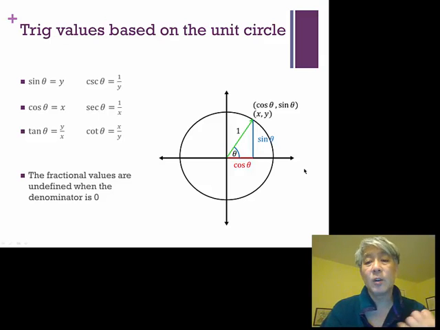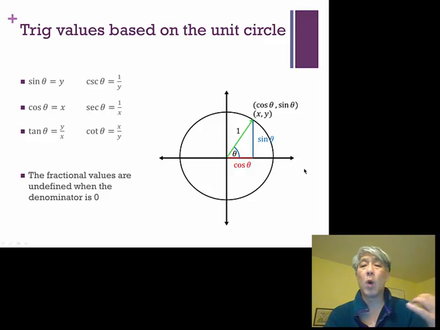So if I look at it in terms of x, y values, really, I just want you to memorize the left side. Sine theta is the y value. Cosine theta is the x value. Tangent theta is y over x, or like I said, the slope of that line, rise over run. For the other 3, it's almost better to just think of them as 1 over sine, 1 over cosine, or 1 over tangent.